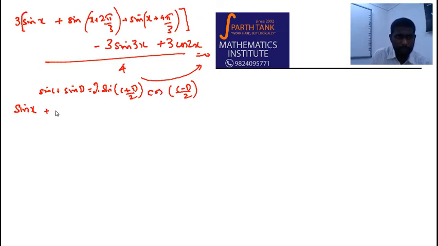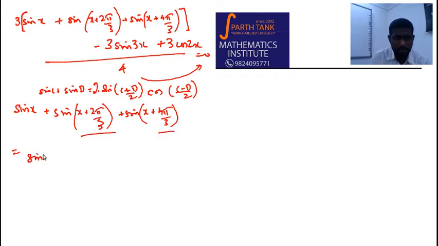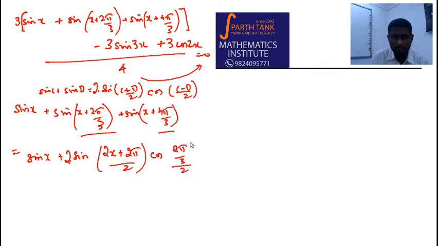So sin of x plus 2 pi by 3 plus sin of x plus 4 pi by 3 can be simplified as 2 sin of this plus this by 2. That would make 2x plus, adding these two, I get 2 pi by 2, and this minus this, so cos of 2 pi by 3 subtraction by 2. So this becomes sin x plus 2 sin of x plus pi and this is cos of pi by 3.